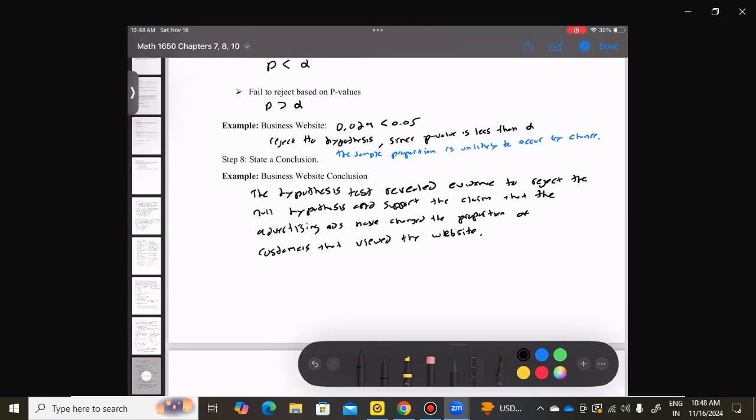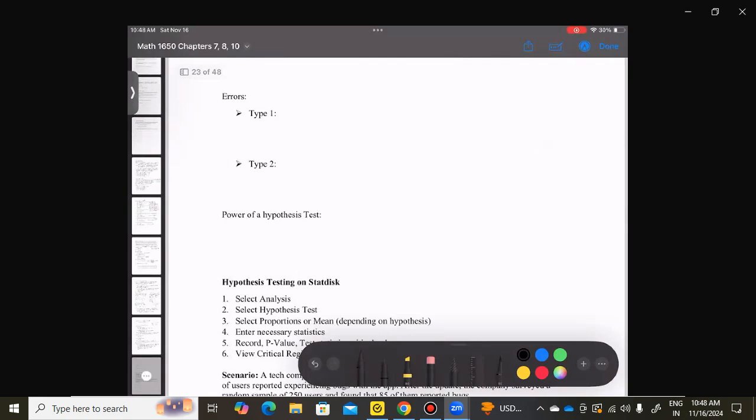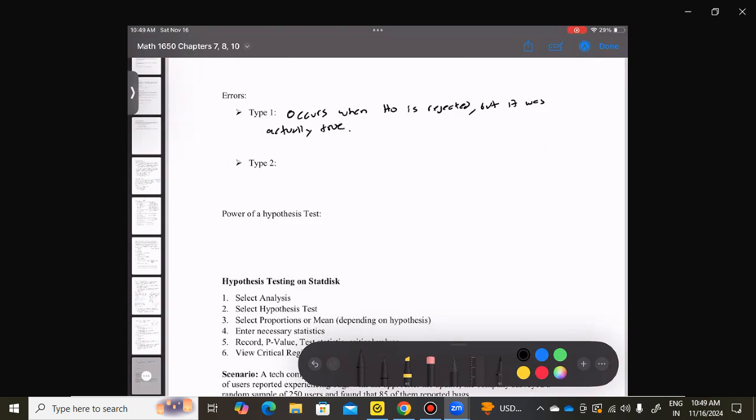Okay, now we have a couple errors that can happen in a hypothesis test. First, the type 1 error. This occurs when H sub 0, the null hypothesis, is rejected, but it was actually true, denoted by alpha.